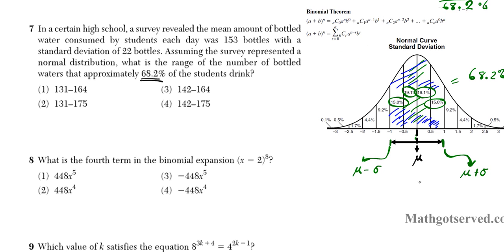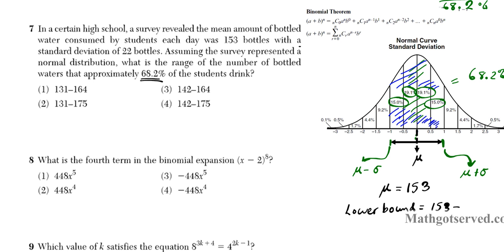So what do all these symbols mean? Well, the mean mu is 153. So the lower bound of our range is simply 153 minus one standard deviation.